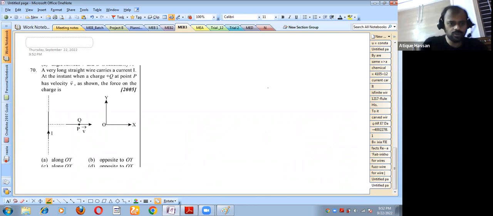This question is based on JEE. This is basically based on force on a moving charge. And also we have to see the magnetic field due to a current carrying wire.